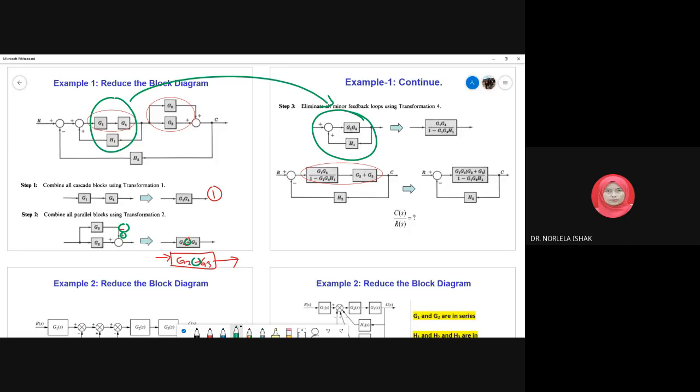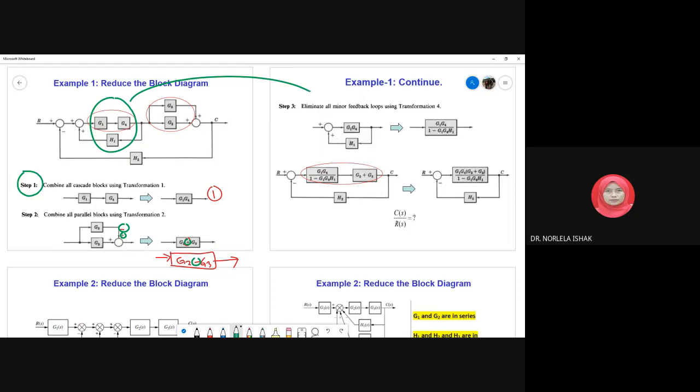Okay, class, can you follow? Yes, madam. Inside the green circle, after we proceed step 1, we combine G1 and G4, so we can get this one, right? After that, we redraw back, so you can get this one.